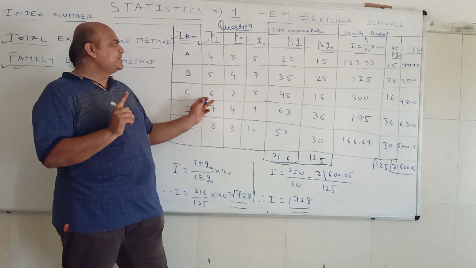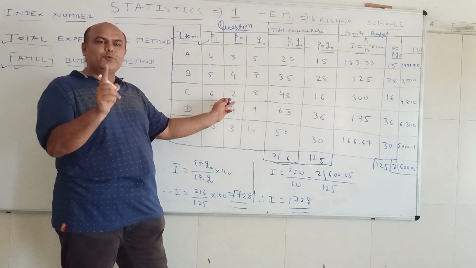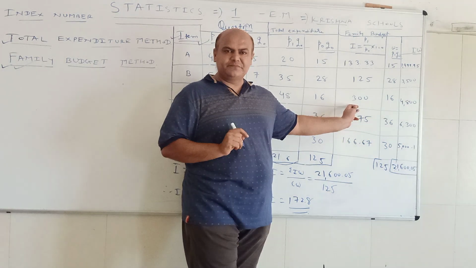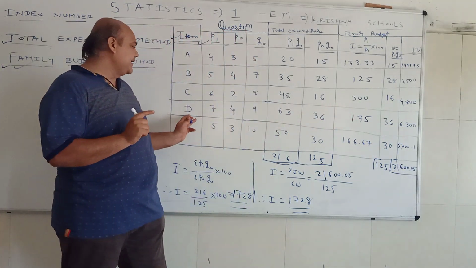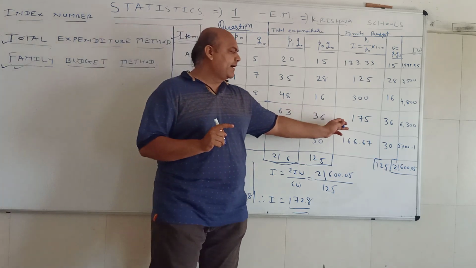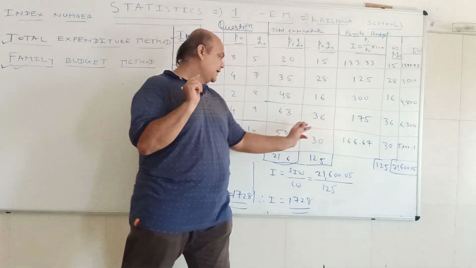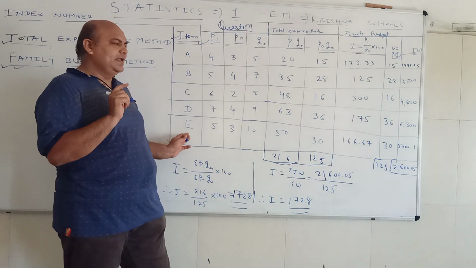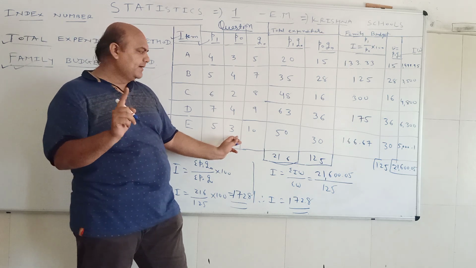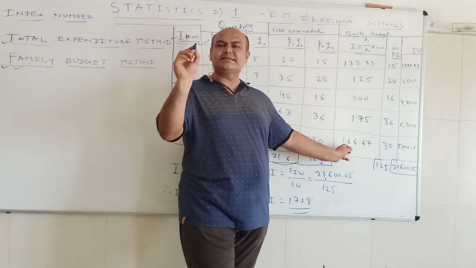Next, for item C, 6 divided by 2 into 100, the answer is 300. For item D, 7 divided by 4 into 100, that is 175. For item E, 5 divided by 3 into 100, that is 166.67.